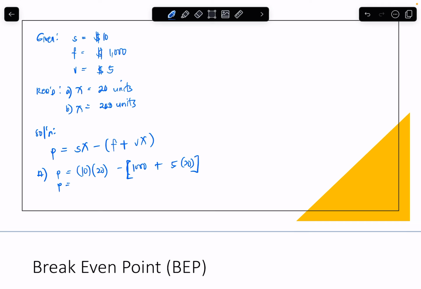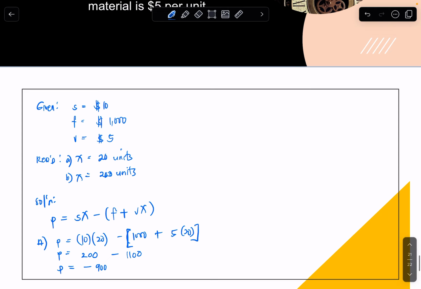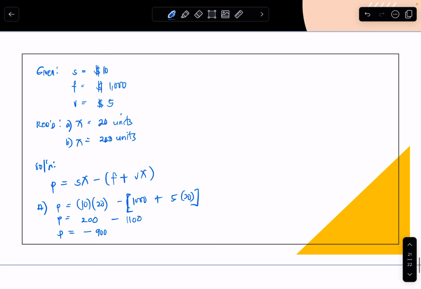So P then would be 200 minus 1,100. That would give us a profit of negative 900. That means if I'm just going to produce 20 units, I was not able to regain my investment of $1,000 for the equipment.